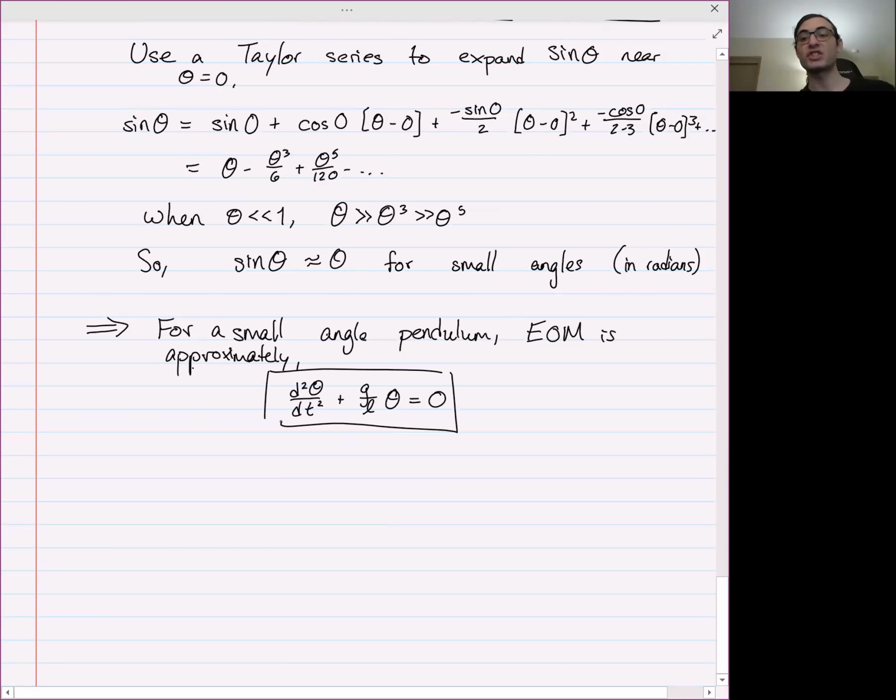And now that just matches the simple harmonic oscillator equation of motion. It's the second derivative of something plus a number times that something equals 0. We just have to make the appropriate replacement, and so we can solve this using the exact same tools, just by replacing the variables.